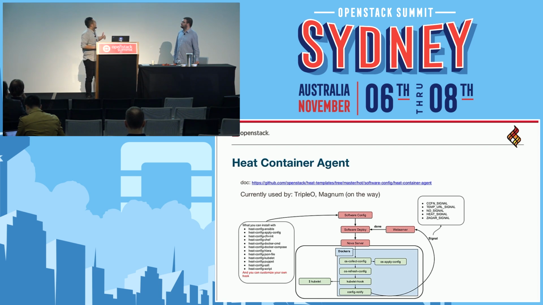So what this does is, in your instance, this small box, this box is your instance. In your Nova instance, we enable Docker, and in the Docker we have os-collect-config, os-apply-config and os-refresh-config, and those hooks that you need. And it will help you trigger, for example, this one is a Kubernetes hook.